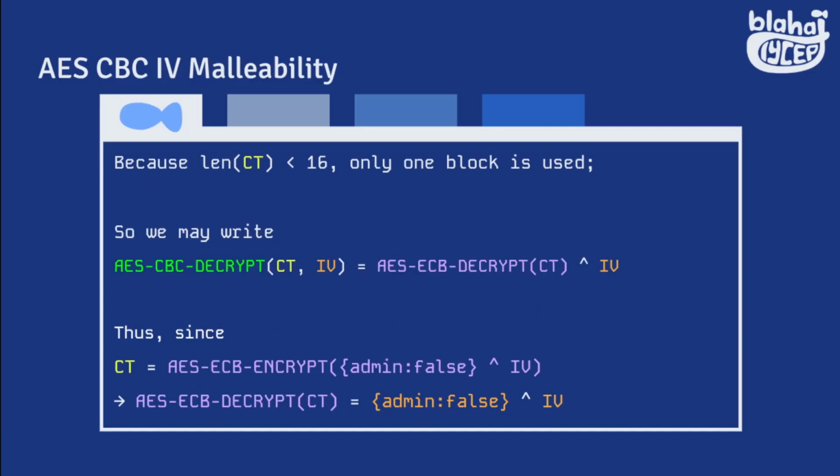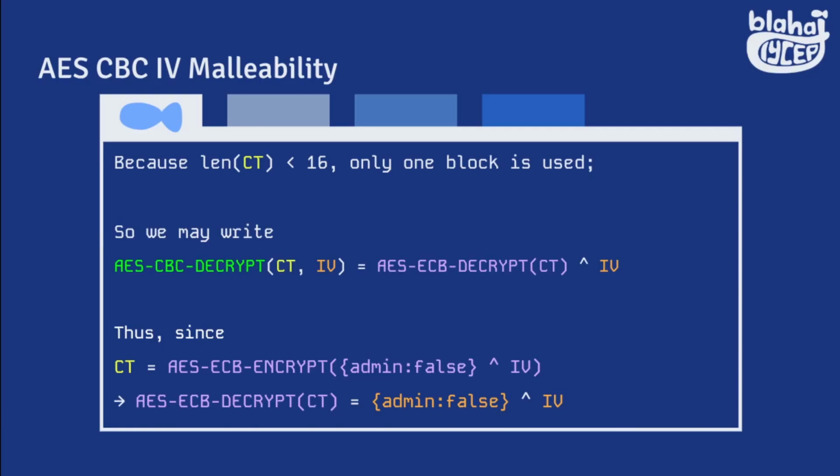So I'm going to write it out. Since CT1 is equal to, okay, we'll work on a less than 16 byte plaintext first because that's simpler.